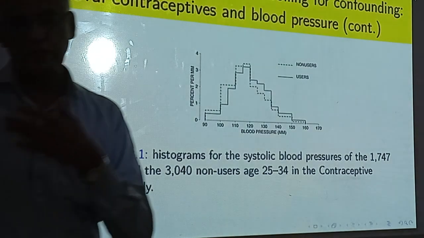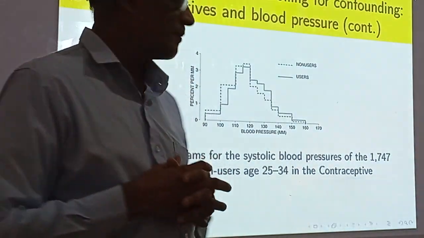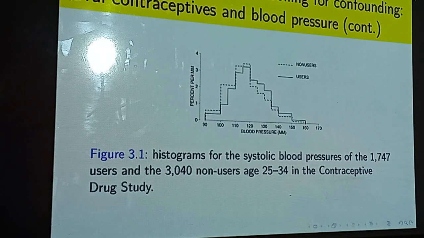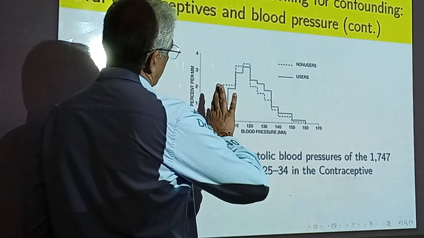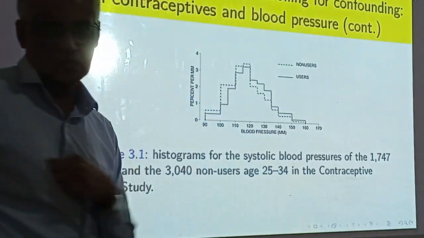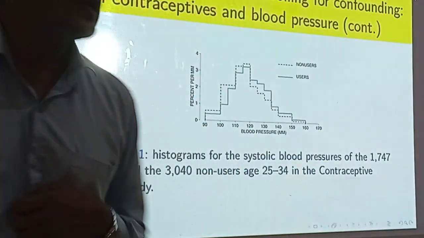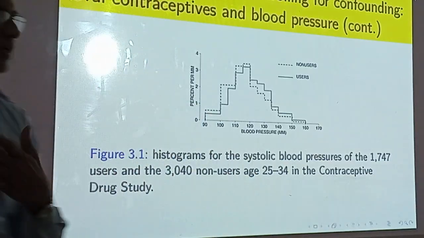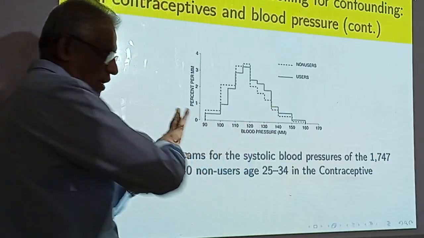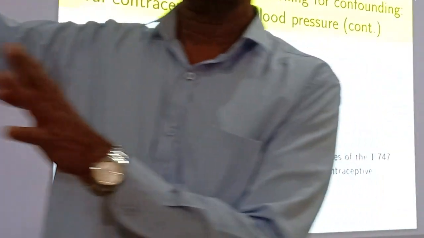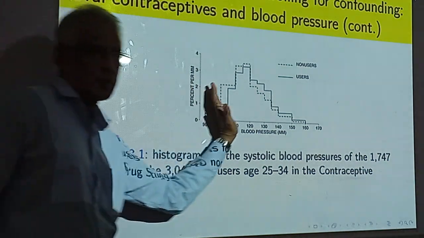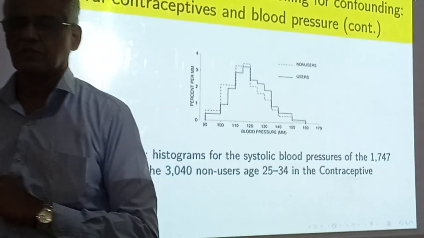If there is some kind of difference, what is the difference? In order to answer that, what they have done in the book is, for example, if you push this to the right, you will see that, if you imagine, we can actually do that later on. If you imagine that pushing means you add the same value to all the blood pressures of non-users, then this histogram will be pushed to this side to some extent.